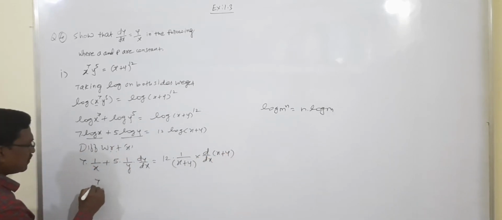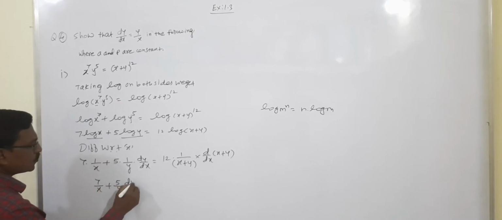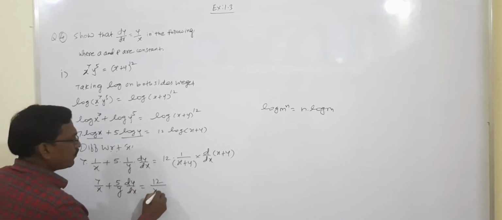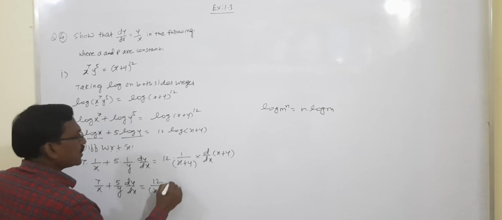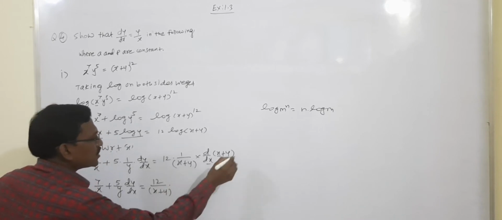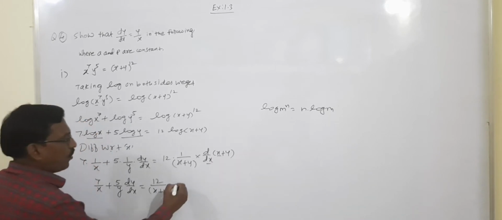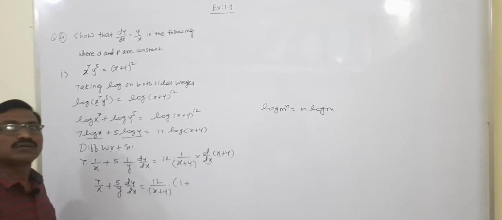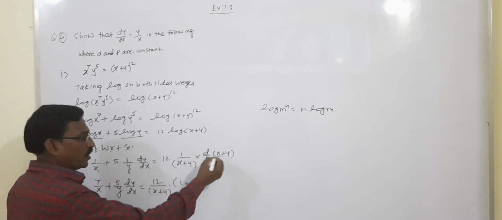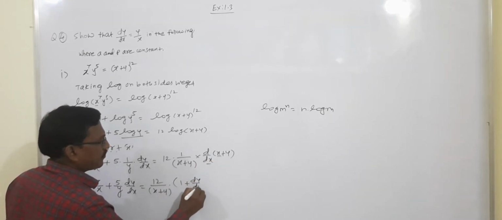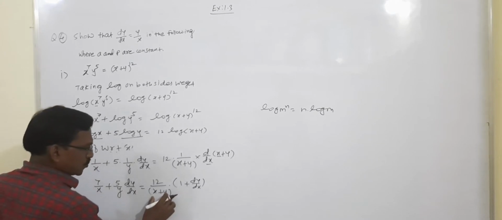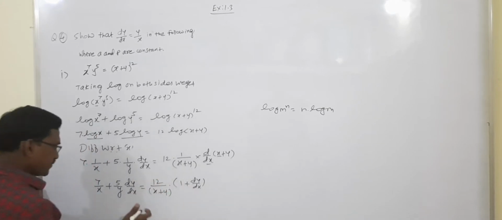So it is 7 by x plus 5 by y into dy by dx is equal to 12 by x plus y into derivative of x with respect to x is 1 plus derivative of y with respect to x is dy by dx. Now we multiply this term to this bracket.